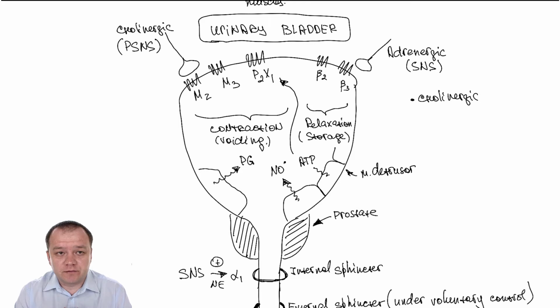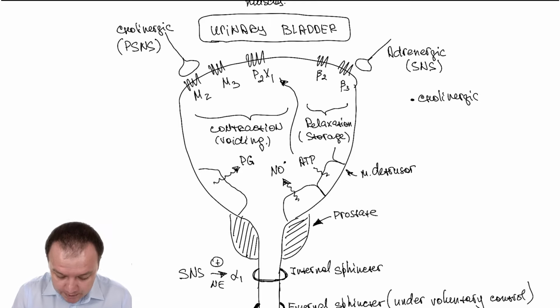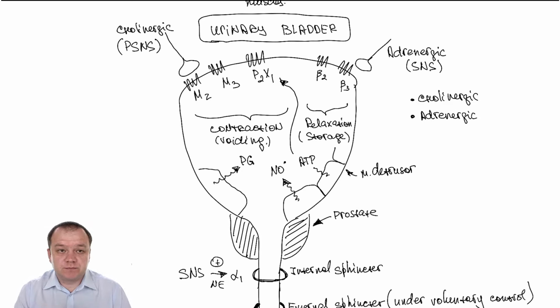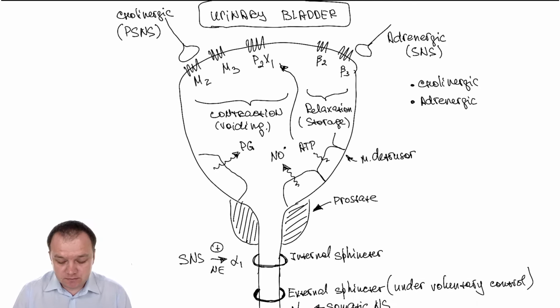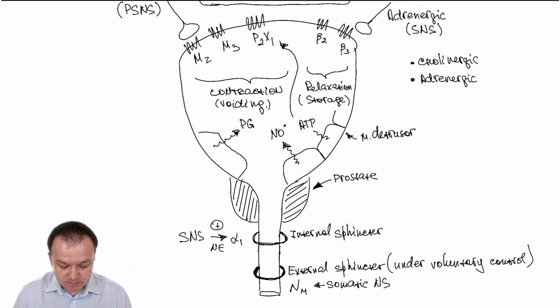We have adrenergic inputs from the sympathetic nervous system, and activation of the sympathetic nervous system causes relaxation, responsible for storage, beta 2 and beta 3 receptors, and also increases internal sphincter tone in order to prevent leaking of the urine.